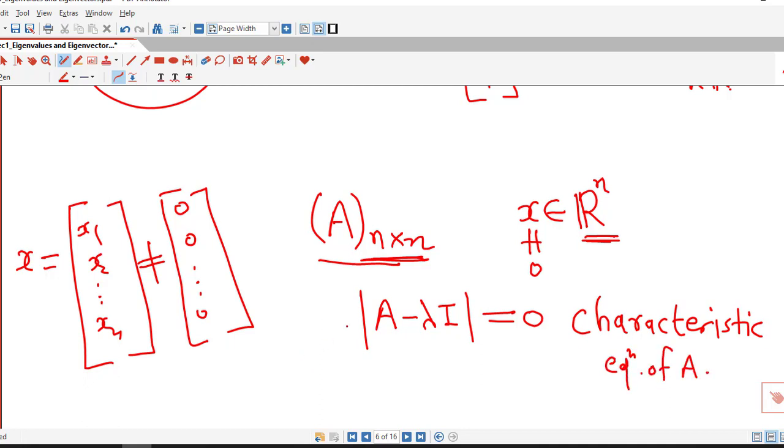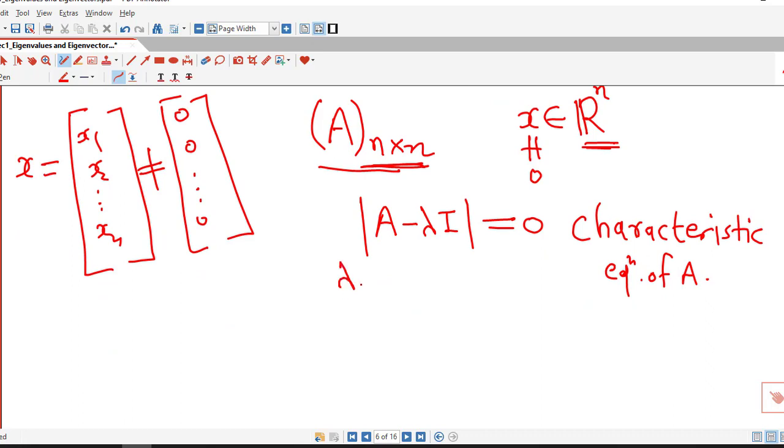So we will obtain a maximum of n distinct eigenvalues. There are always n eigenvalues for a given matrix. Some of them may be repeated or some of them may be non-repeated, but there are always n eigenvalues.